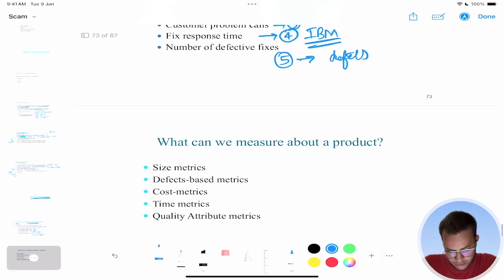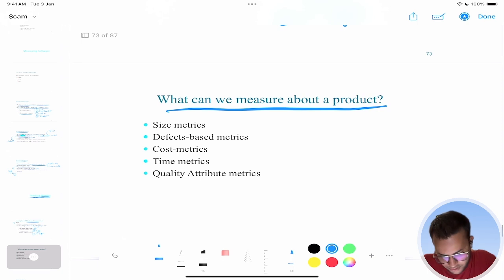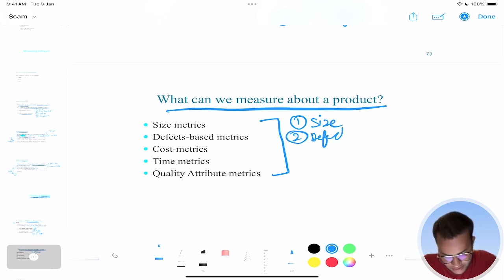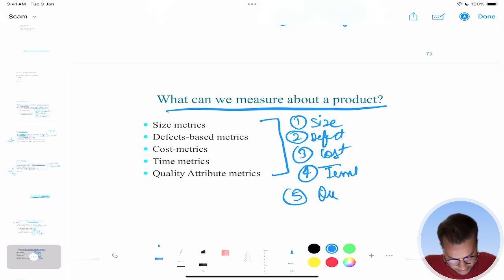Okay. Now, what can we measure about a product? A product has various aspects as I told above. First is the size, and second we have the defect-based metrics. Third we have the cost metrics. Fourth we have the time metrics, and fifth we have the quality attribute metrics.